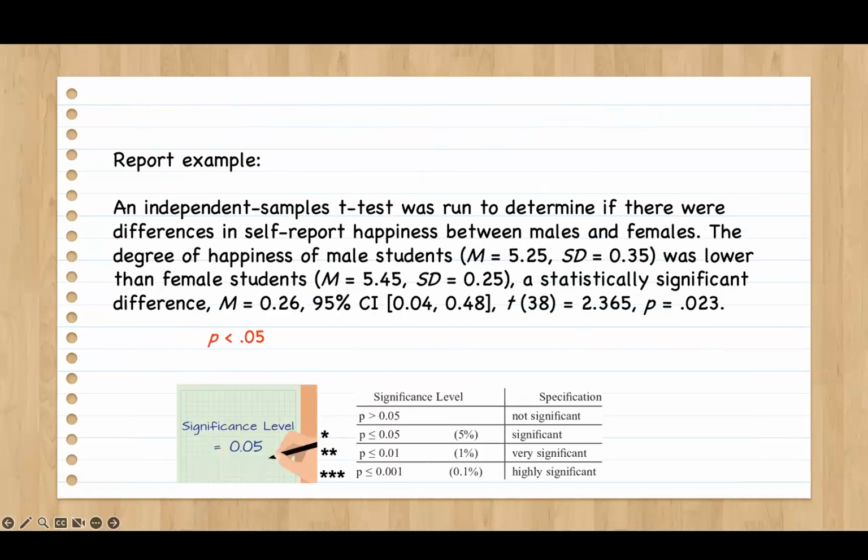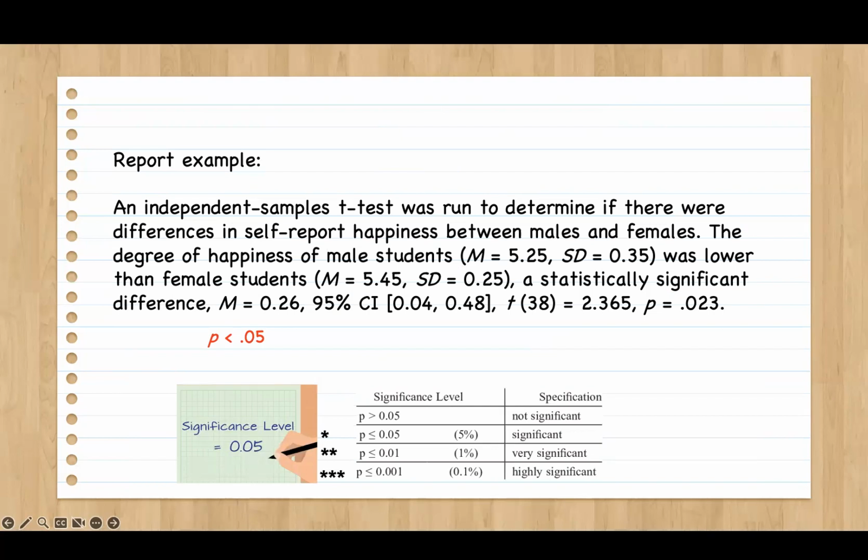Okay, I know you love examples. Please pause here and read this paragraph. An independent samples t-test was conducted to determine if there were differences in self-reported happiness between males and females. The degree of happiness of male students, mean 5.25, was lower than female students, 5.45.